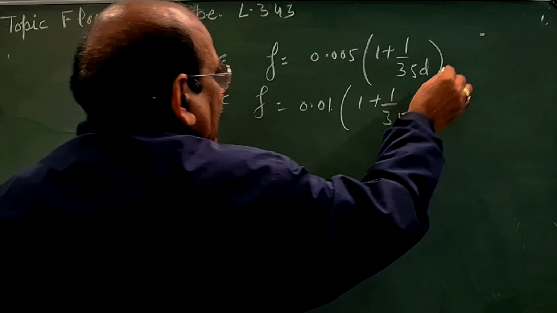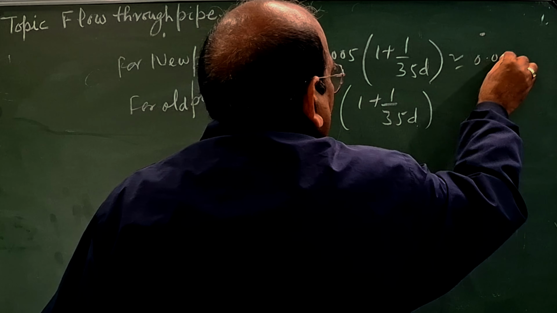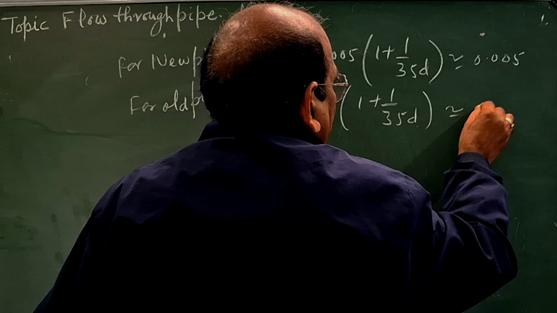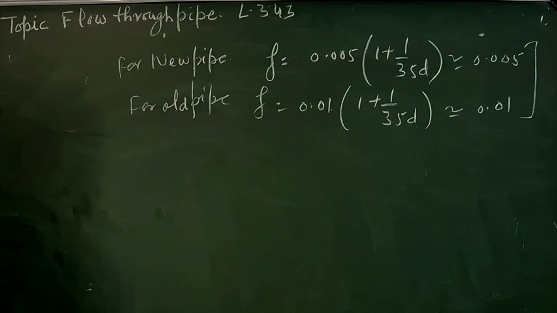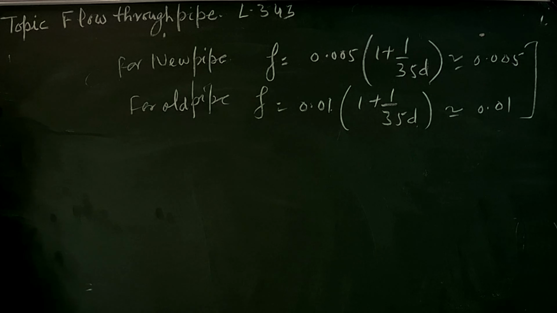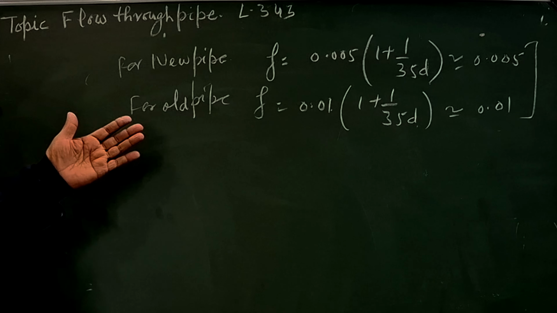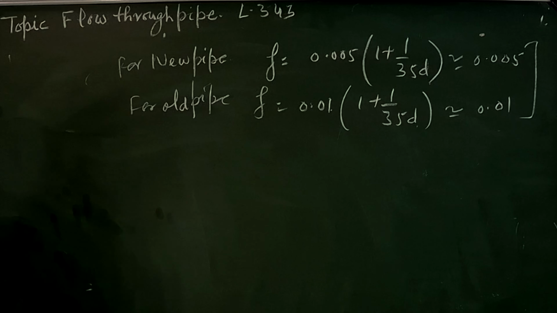This value is very small, so 0.005 can be taken for the new pipe and 0.01 for the old pipe. So for old and new pipes, in Chezy's formula, you can take F like this.